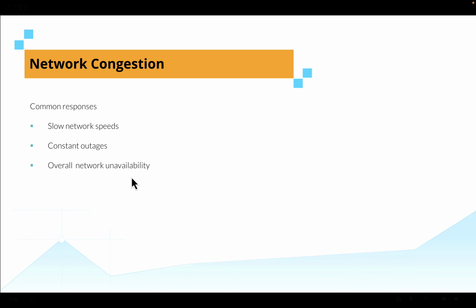More often than not, NOC teams become aware of ongoing network congestion only when users report consistent connectivity problems and the NOC team is inundated with related incidents and service requests. Networks experience congestion when data traffic exceeds the available bandwidth or capacity.